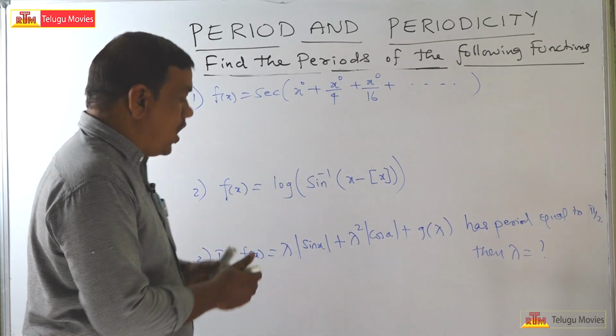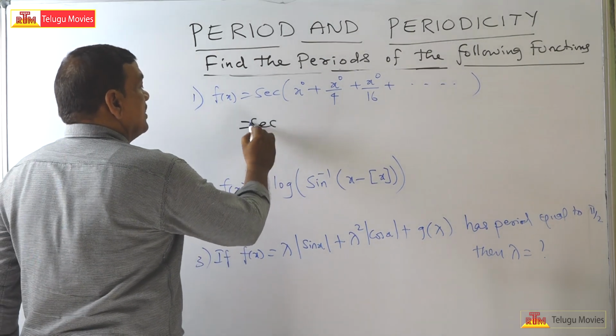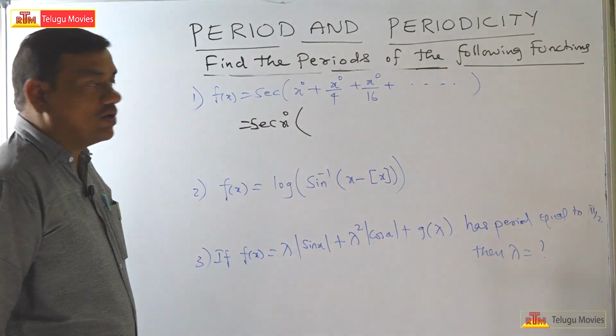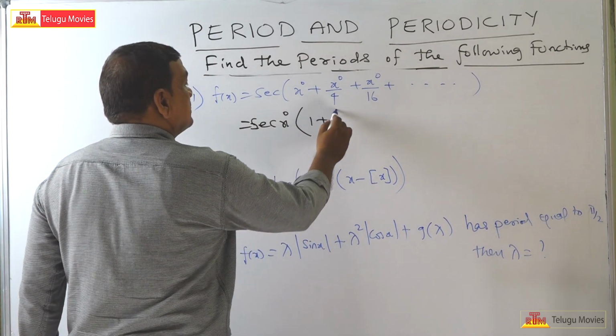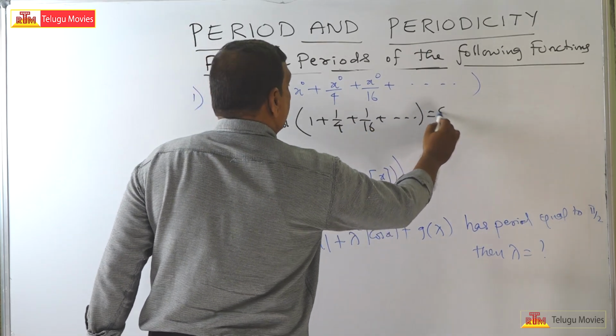So how to do these problems? Let us see. Take x degrees common outside. So this is 1 plus 1 by 4 plus 1 by 16 and so on to infinity.